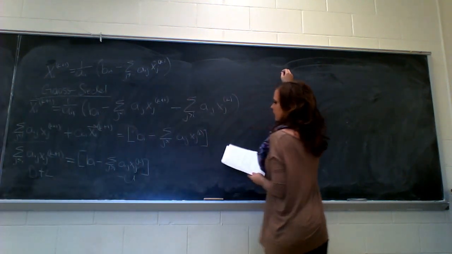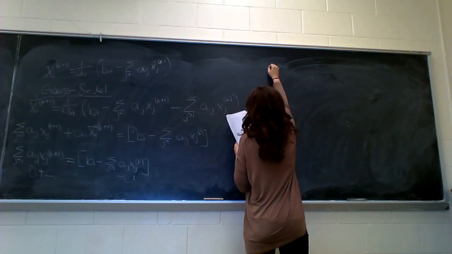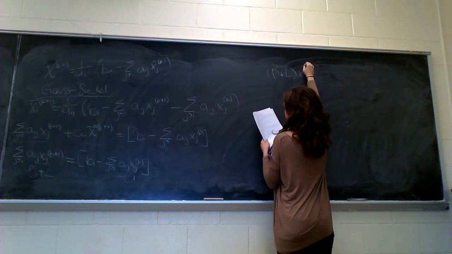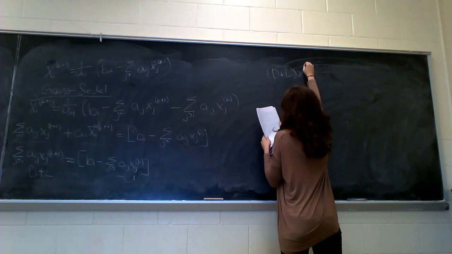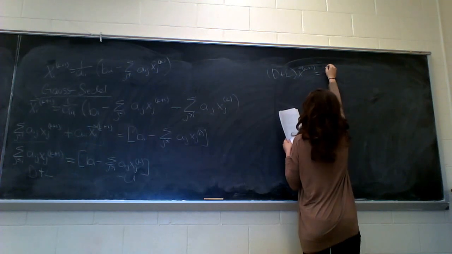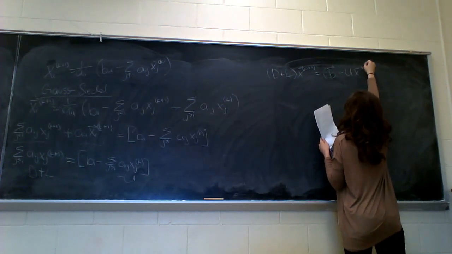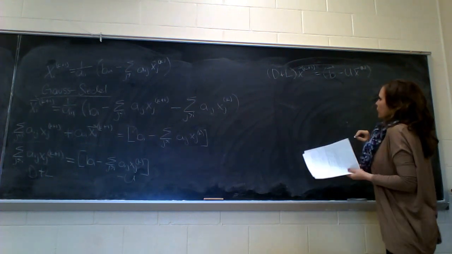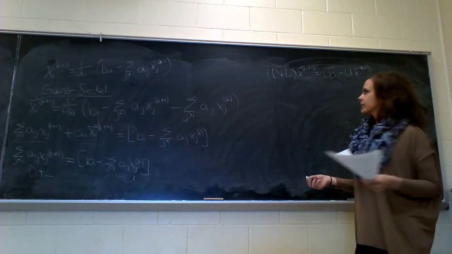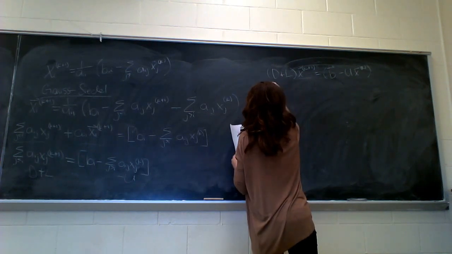So now we can write this as (D plus L) times x^(k+1) is equal to (D minus U) times x^k. And if we want to solve for x^(k+1), then I just go ahead and invert this matrix and multiply on the left-hand side.